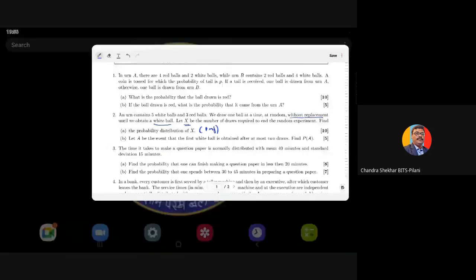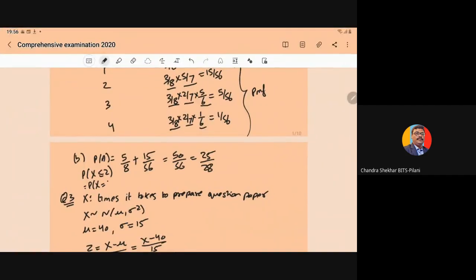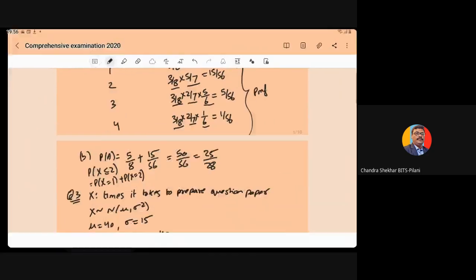So it will give you probability x is equal to 1 plus probability x is equal to 2, which we have already computed above. So it is 5 by 8 plus 15 by 56. Total it will become 50 upon 56 or 25 upon 28. So this is the required probability.